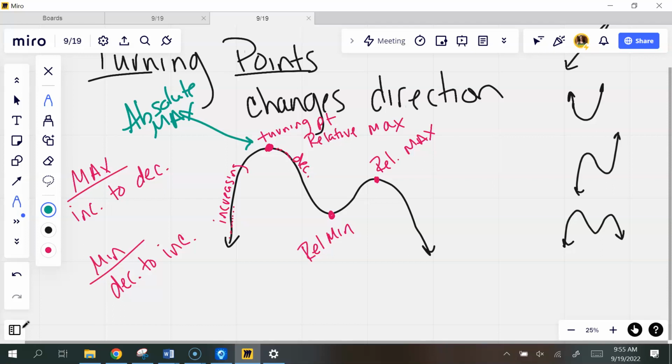Not every graph has an absolute. That's right. If you look at this graph, it doesn't have an absolute minimum because it goes down forever, right? But it does have an absolute max. Does that make sense? That's correct. So this one has no absolute minimum.